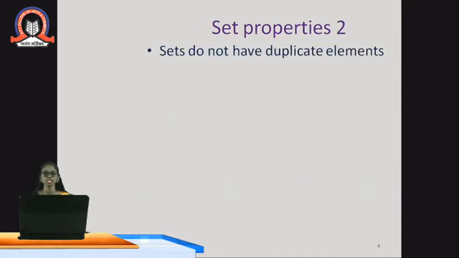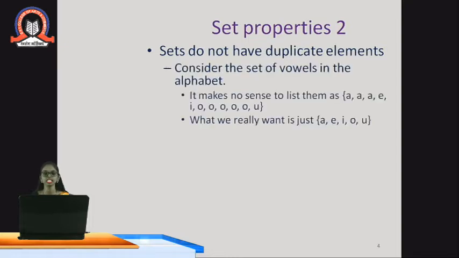What is the next property? Set property 2 is that sets do not have duplicate elements. Consider the set of vowels in the alphabet. It makes no sense to list them as A, E, I, O four times, U. What we really want is just my actual set, A, E, I, O, U. Don't write the duplicate element.